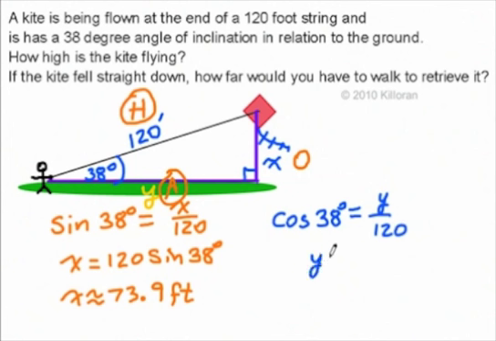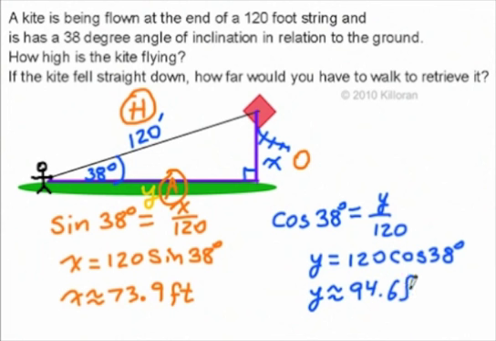And then we can solve for y, multiply both sides by 120. And we can approximate the distance along the ground as 120 times cosine of 38 degrees, about 94.6. So 94.6 feet of walking to get to the kite.